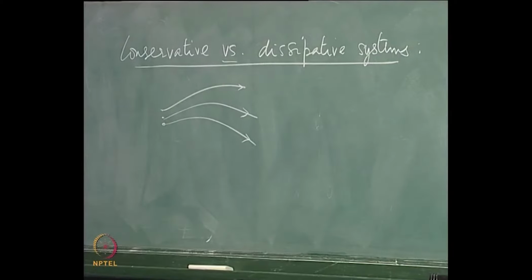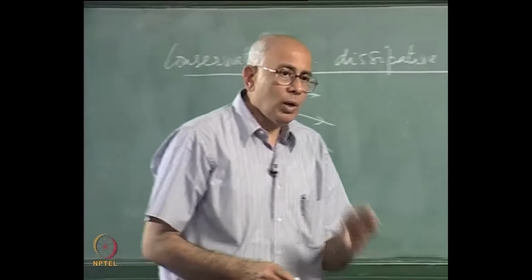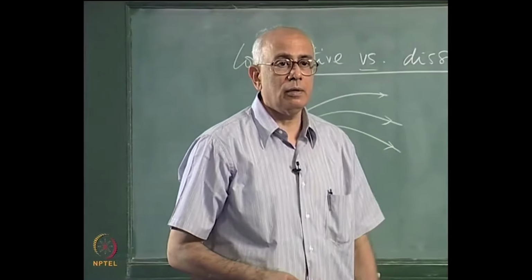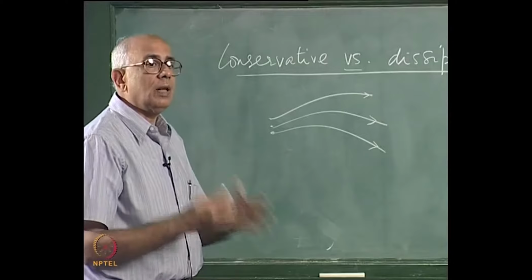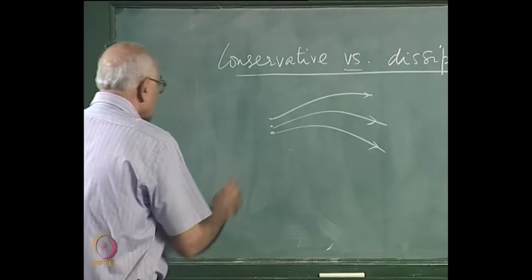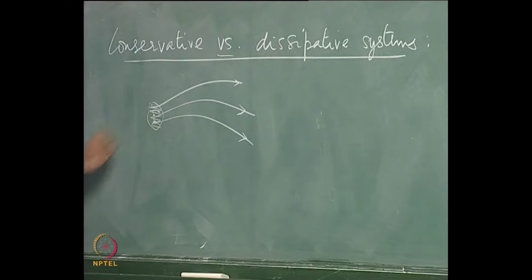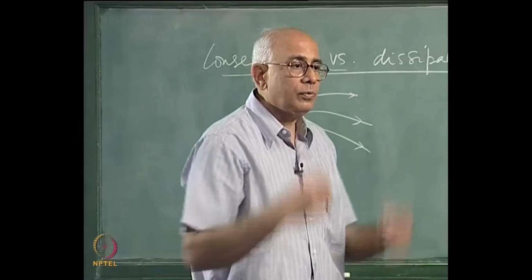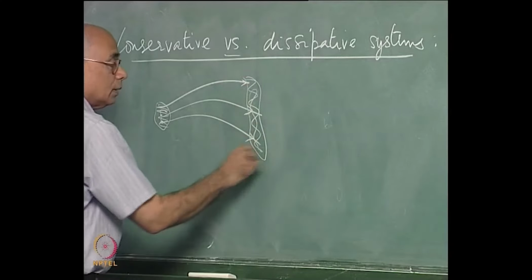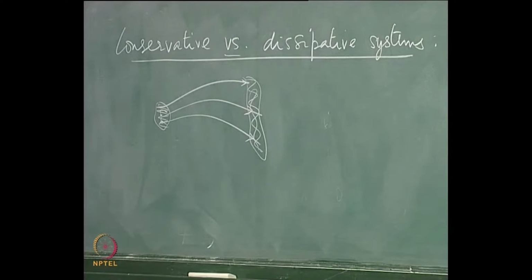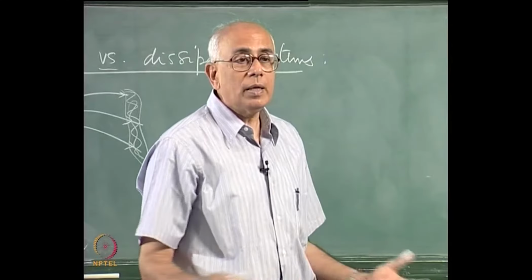Then the question you could ask is, what happens if I start with a volume element in phase space corresponding to a whole set of initial conditions, and I look at the fate of this element as a whole as time goes on? Perhaps at a later time these volume elements are spread in an element of this kind, or this element could shrink to a point, or it could oscillate, or it could remain completely unchanged.